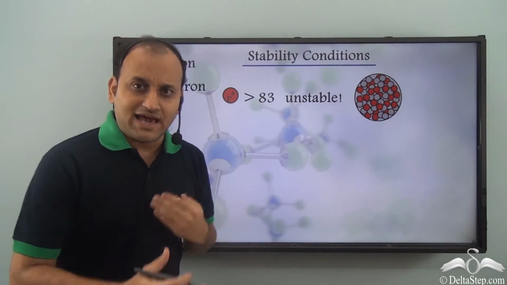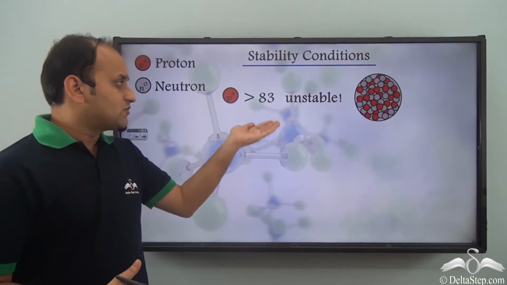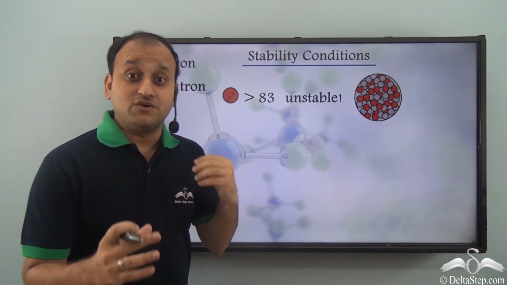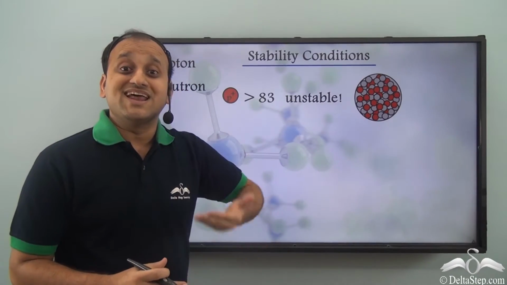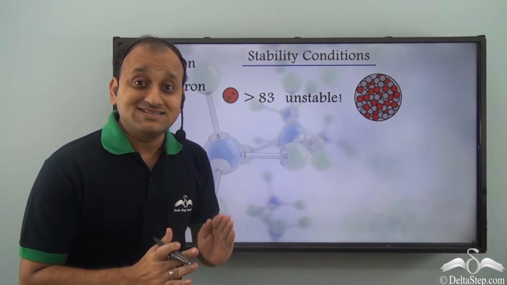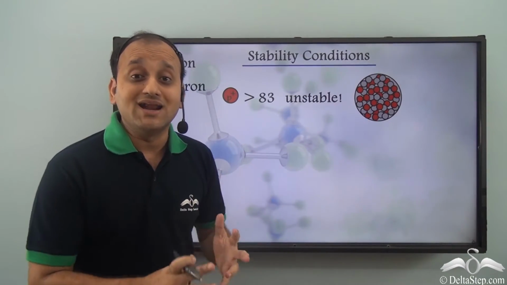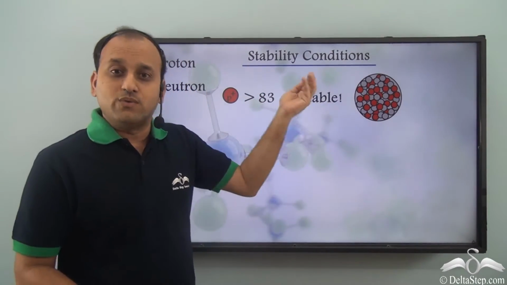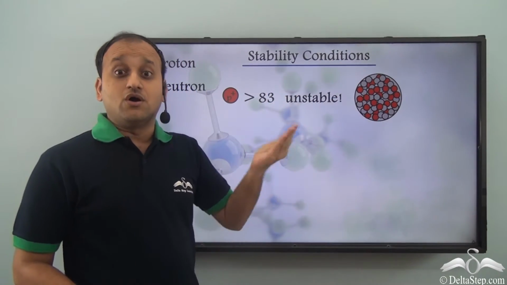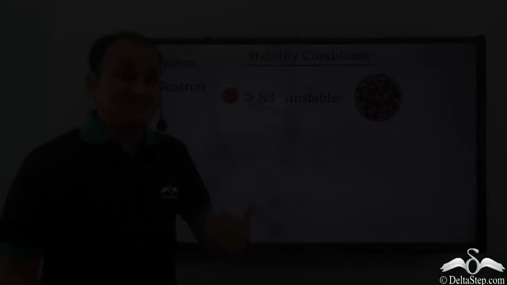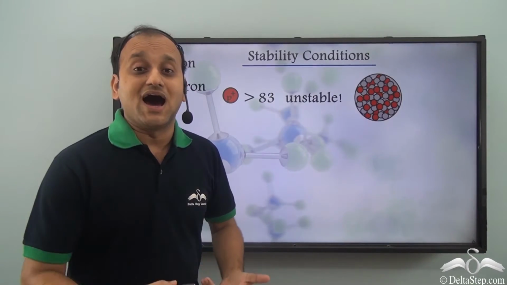Because it has been calculated that once the number of protons is more than 83, then the repulsive forces between protons become larger than nuclear binding forces and thus the nucleus becomes unstable. So this is one very important criterion. Whenever the number of protons, or we can say the atomic number, is more than 83, then that nucleus will be unstable.